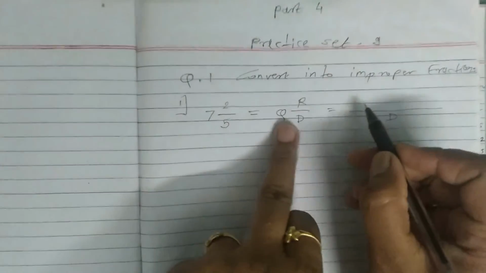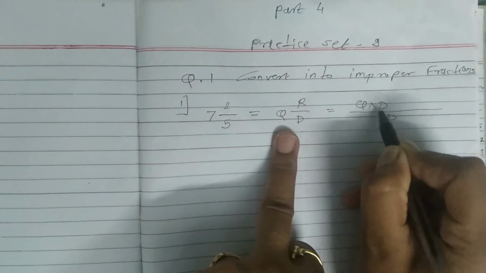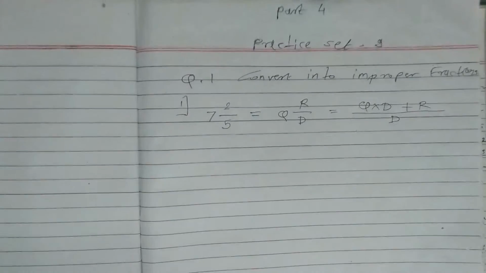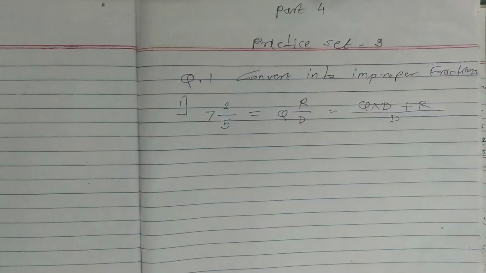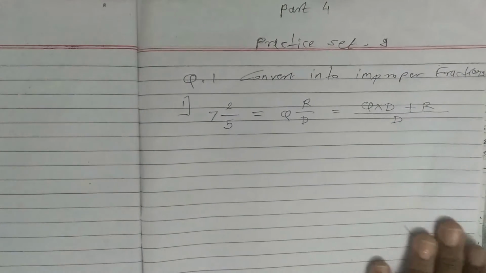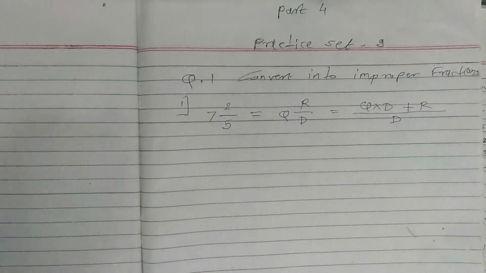Then we have to do the product of Q and D. So Q multiplied by D and addition of the remainder, that is R. So this is your format of conversion for improper fraction. In every example please keep the habit of writing this conversion formula, so your mistakes will not happen.